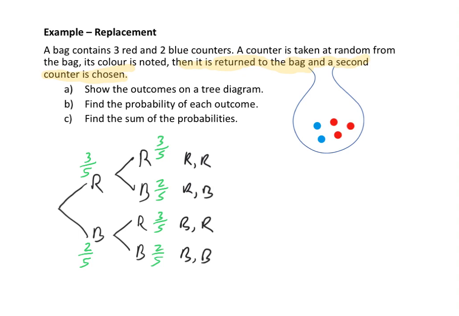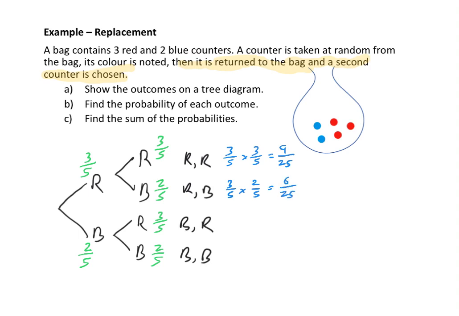I do that by multiplying each step along the way. So the probability of getting 2 reds is 3 over 5 times 3 over 5. Multiplying my numerators and denominators together, it's going to get me 9 out of 25. The probability of getting a red and a blue is 3 out of 5 times 2 out of 5, so that's going to equal 6 out of 25.